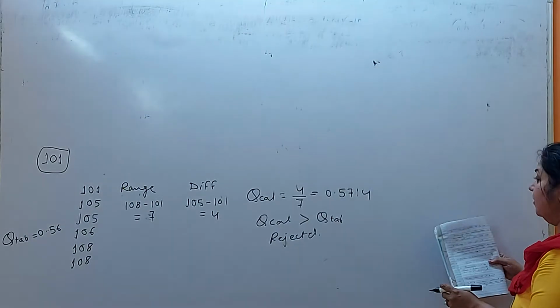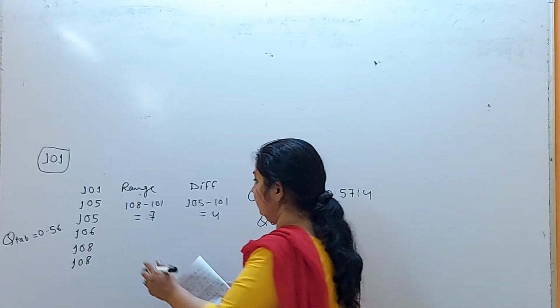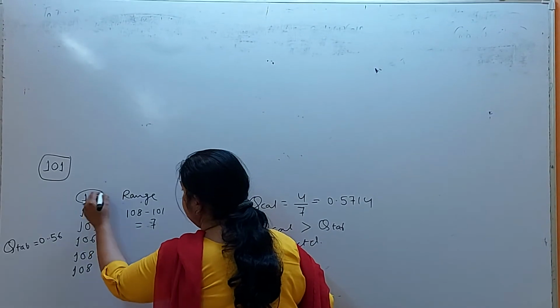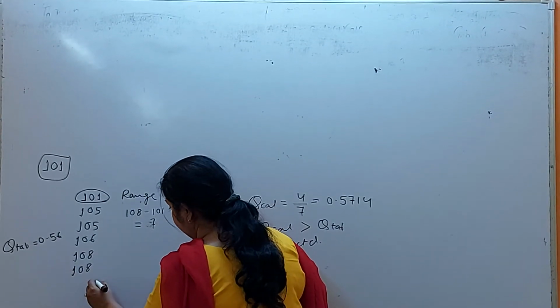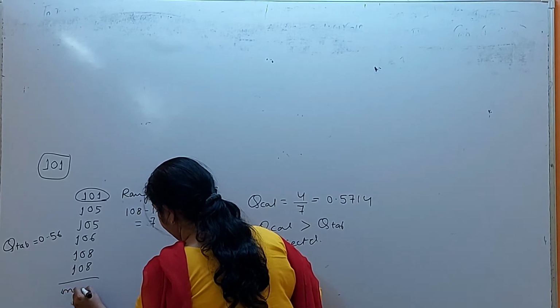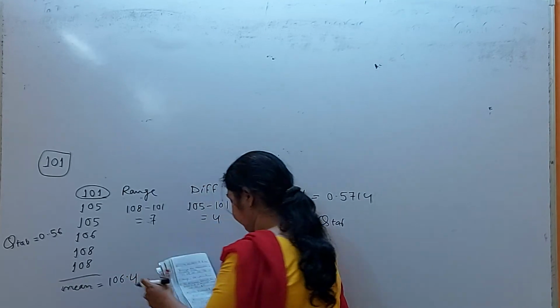Next, on the basis of the 2.5D rule, first you have to find the mean. Sum this up, but you don't have to consider 101. Only the other 5 you consider and divide by 5. So the mean, x bar, comes out to be 106.4.